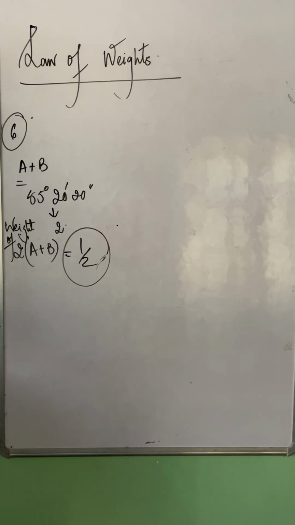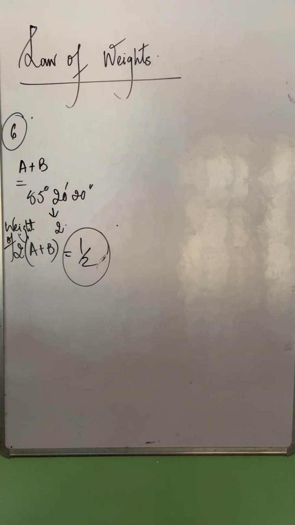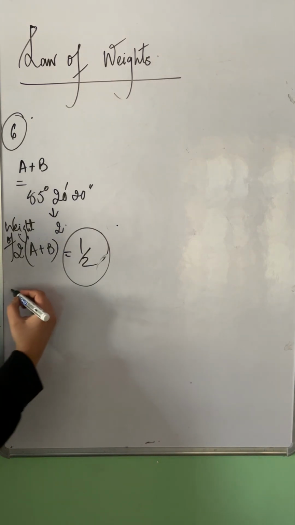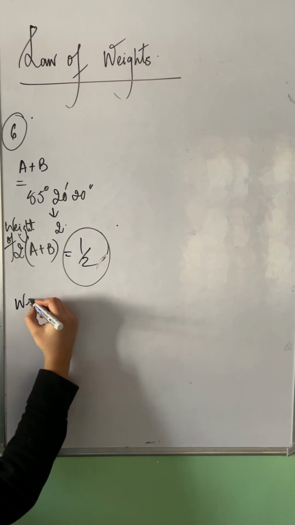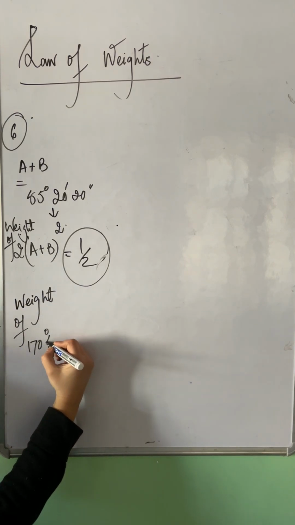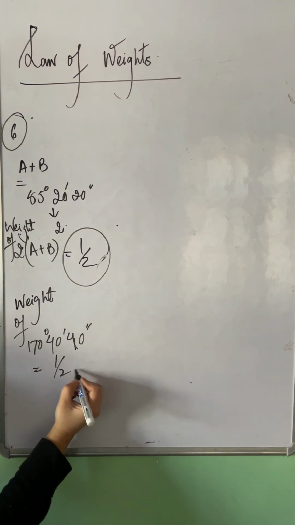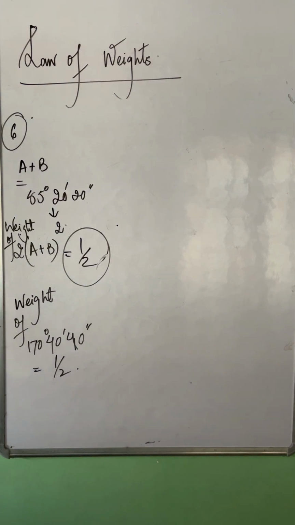So this will have a weight of 1 by 2. So 170 degrees, 40 minutes and 40 seconds will have a weight of 1 by 2. All right, moving on.